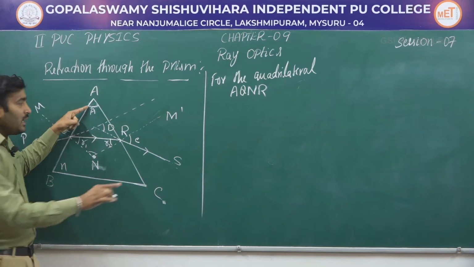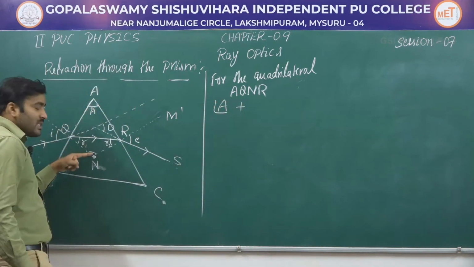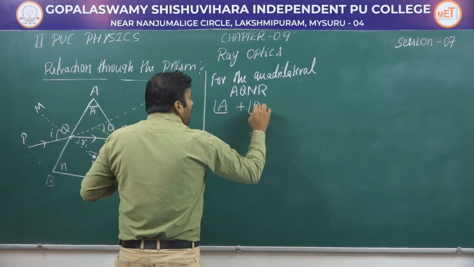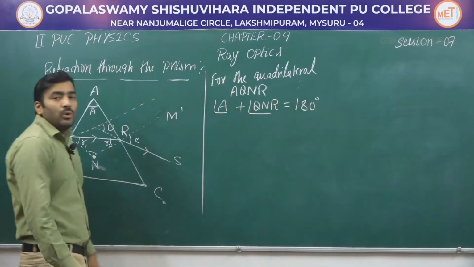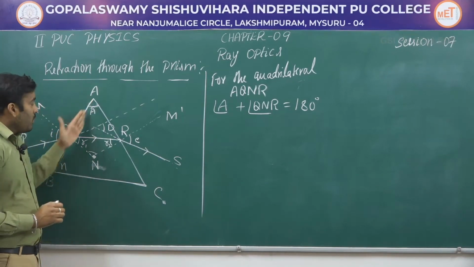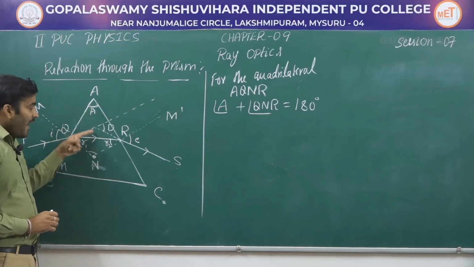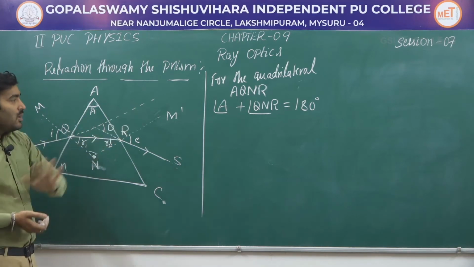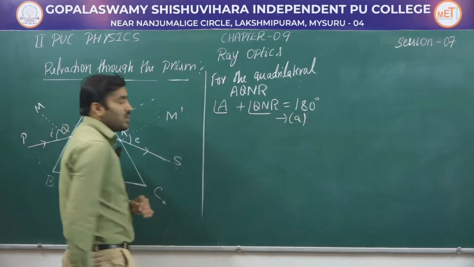Therefore, angle A plus the opposite angle, which is QNR, is equal to 180 degrees. That is a very important point to remember. So, from quadrilateral AQNR, the opposite interior angles, angle A and angle QNR, must be equal to 180 degrees. So, that is the first equation we got. Let me say this is equation A.